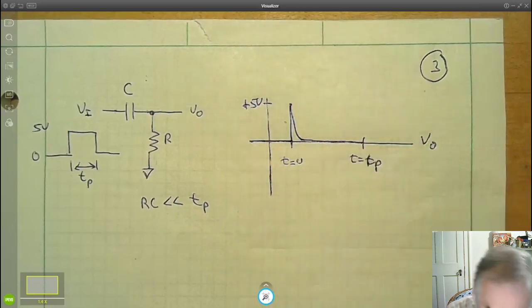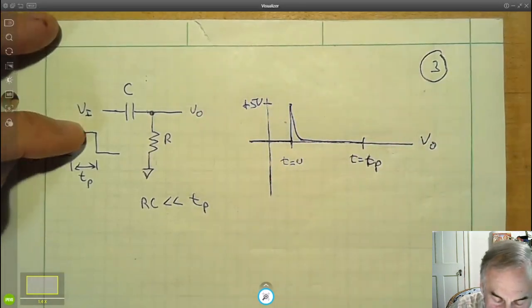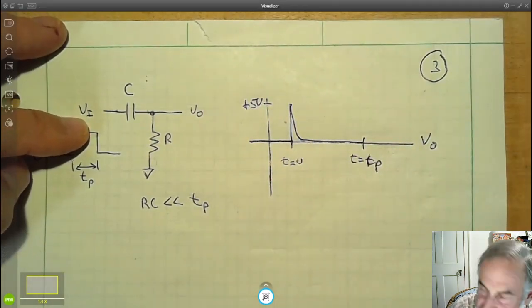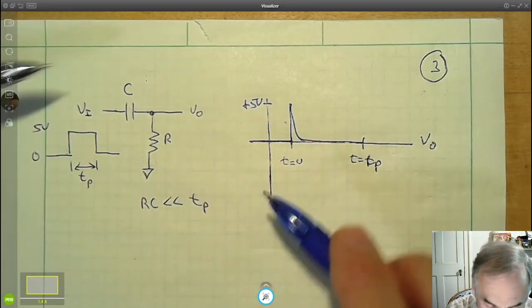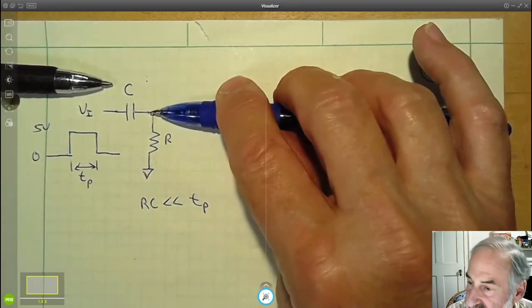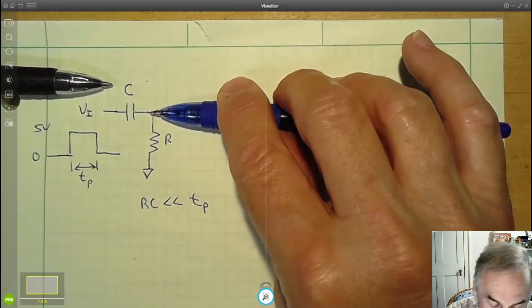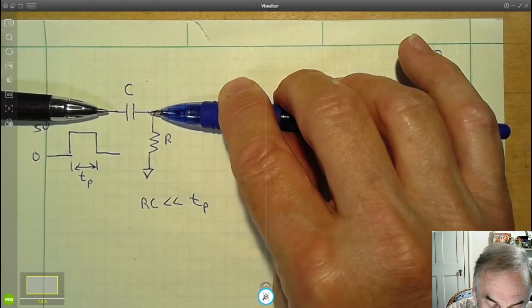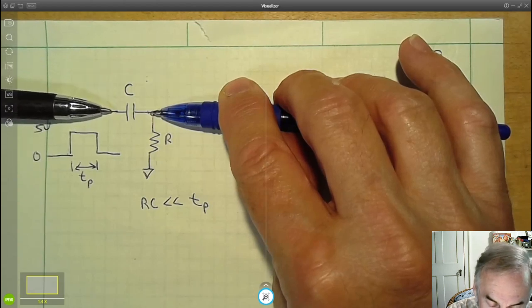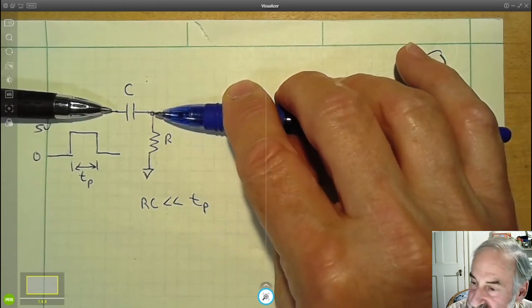All right, so now we're at time t equals p. At time t equals p, V in is 5 volts, but V out is 0 volts. So we're sitting there like this. At time t equals t sub p, the voltage here jumps back down to 0. What happens to the voltage at the output?